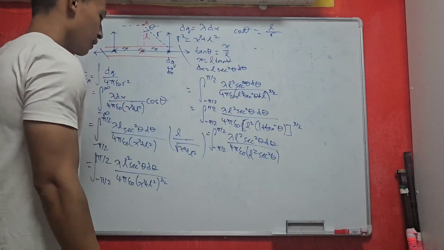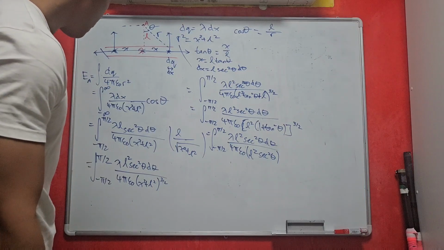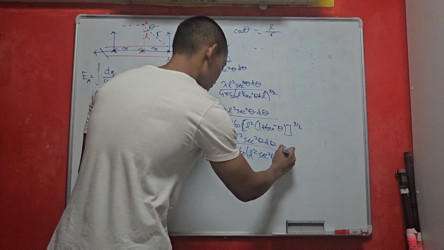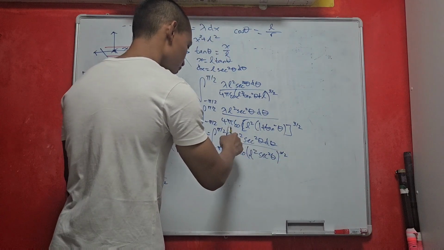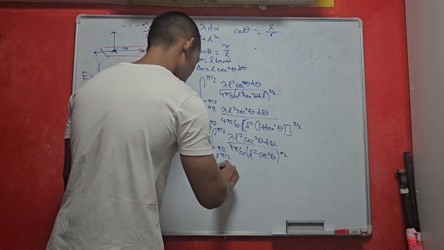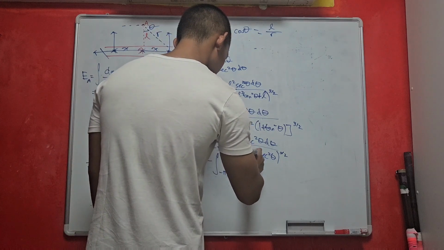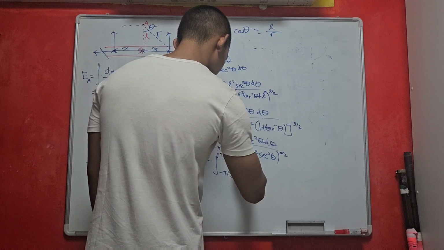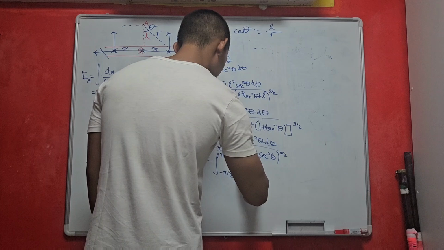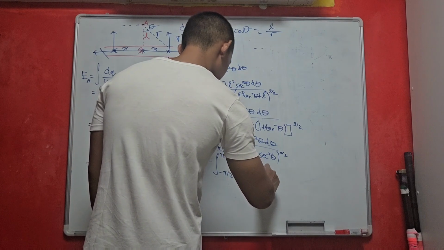Okay, and then what are we going to do next? We're actually going to simplify this. So 3 over 2, this is just the integral from negative pi over 2 to pi over 2 of lambda d theta over 4 pi epsilon naught L secant theta.